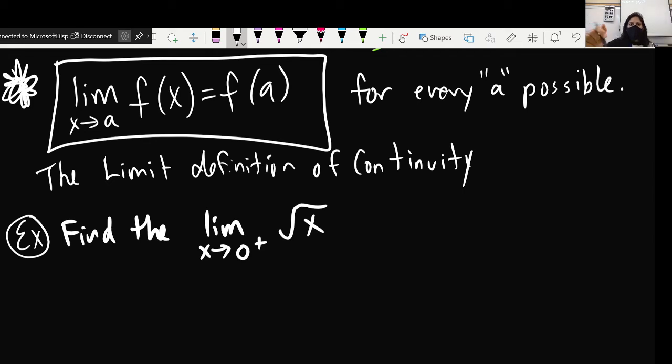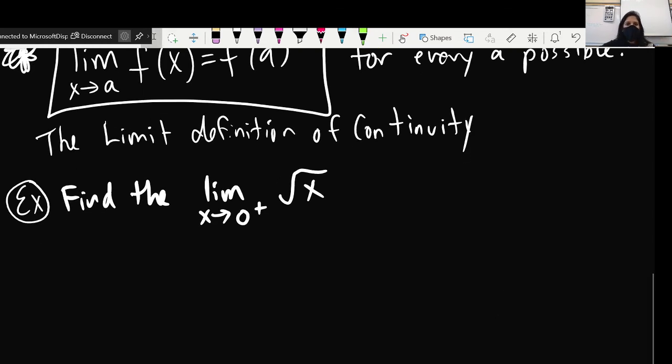Okay, so you can start to see it's the same old function, same old stuff that's coming up, right? So let's take a look at this.